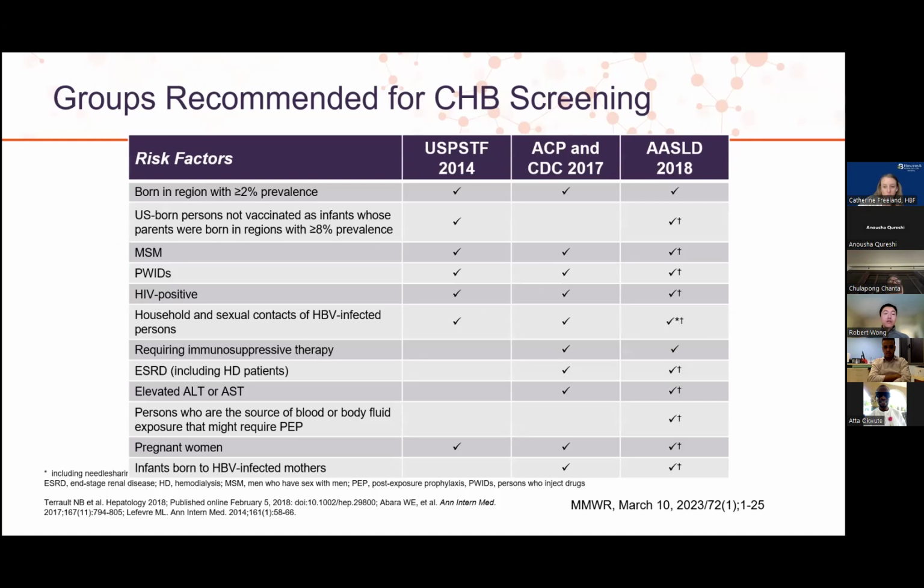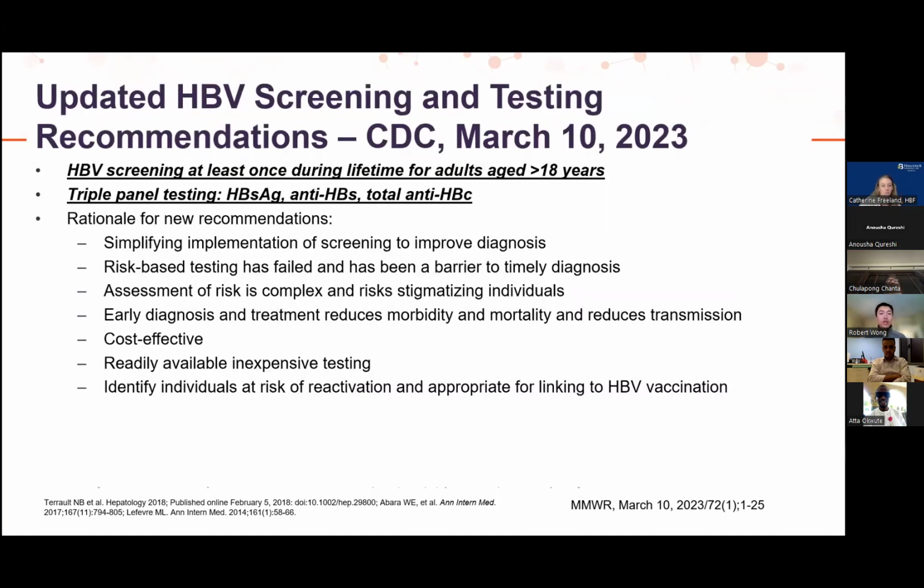So I'm very glad to see that with the advocacy of many groups, including the Hepatitis B Foundation, the CDC updated the recommendations as of March of last year, and it is now recommended that hepatitis B screening be performed in all adults with the triple panel, as you can see here: surface antigen, surface antibody, and core antibody.